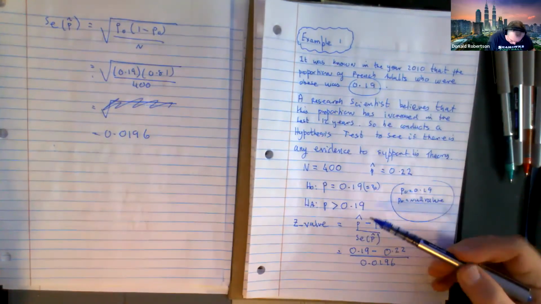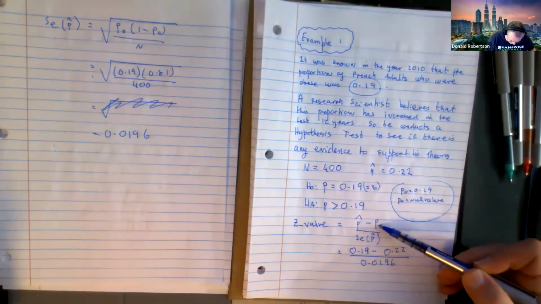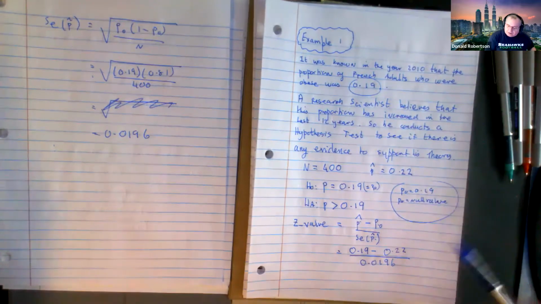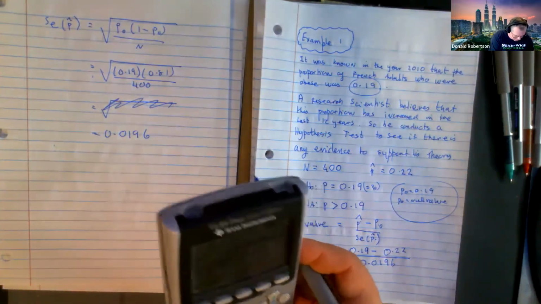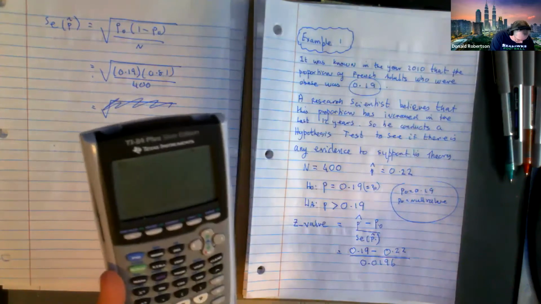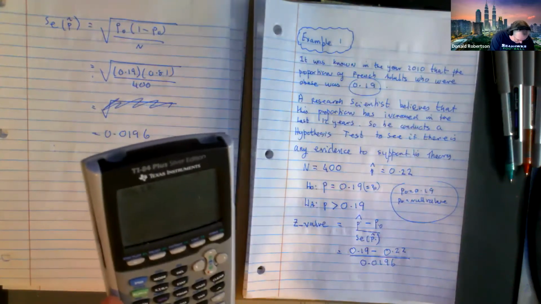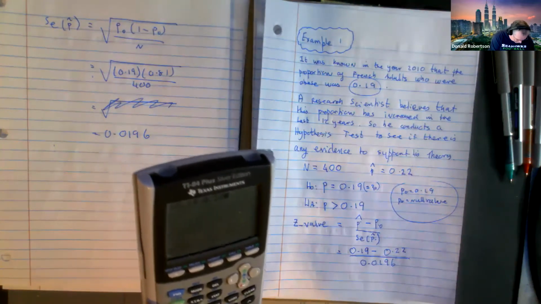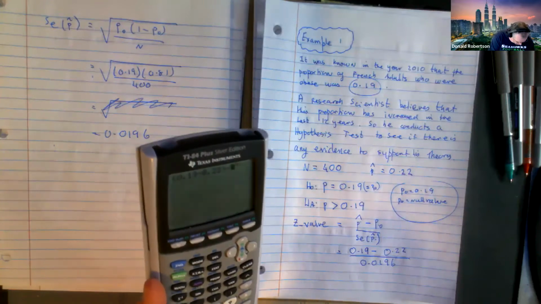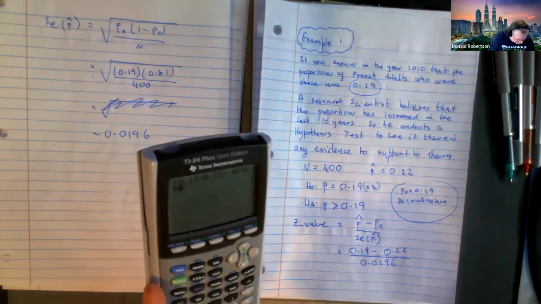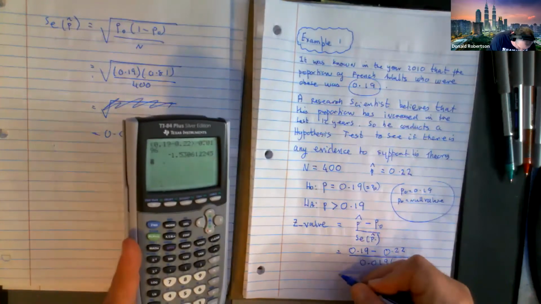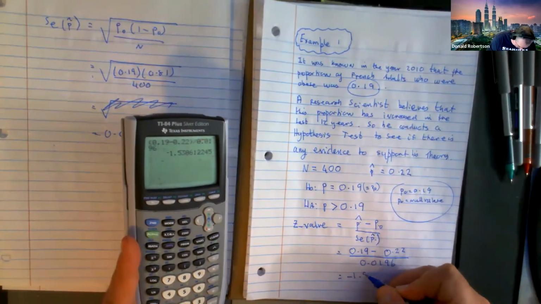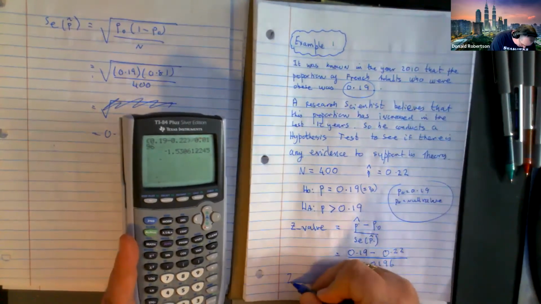So sample, P naught, standard error. Put that into the calculator, and we got 0.19 take away 0.22, all divided by 0.0196. And we have the answer, negative 1.53.